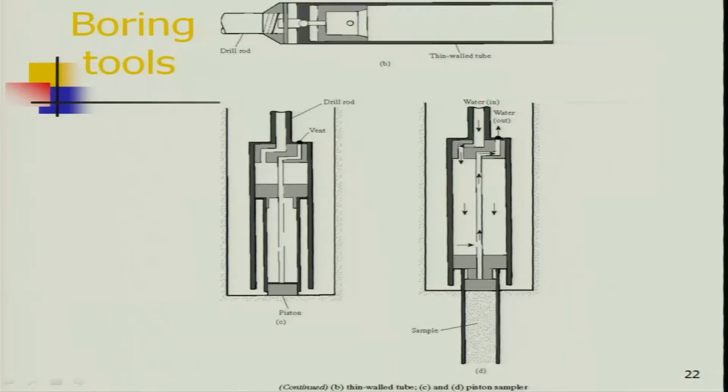Either you can use it manually or you can use a piston sampler. Here it can be used manually, you can push it inside. So the soil sample will be collected, an undisturbed soil sample, or there is a double or single piston. By means of piston action you can push it inside and collect an undisturbed soil sample.